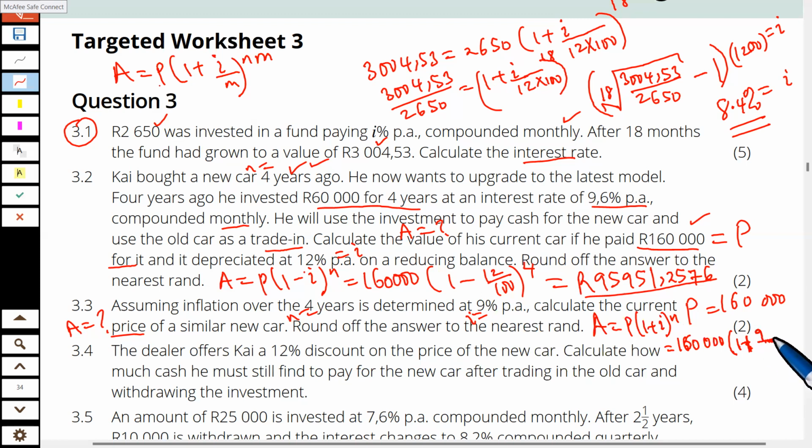So we have 9 divided by 100, because it's 4 years, 9%, and then you have 4 years. So you put the 4 there, like that.